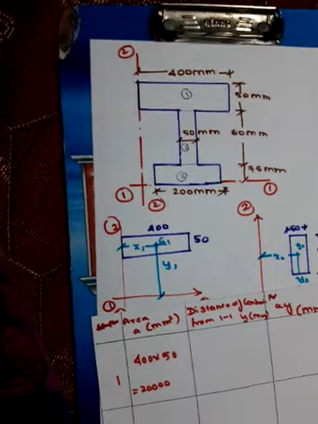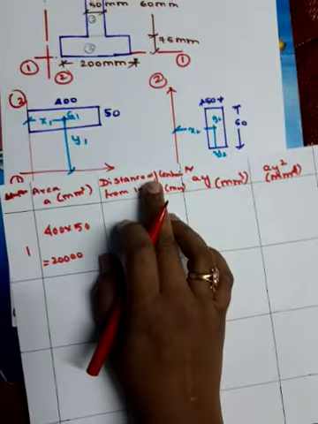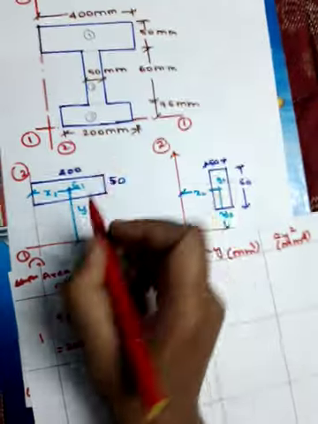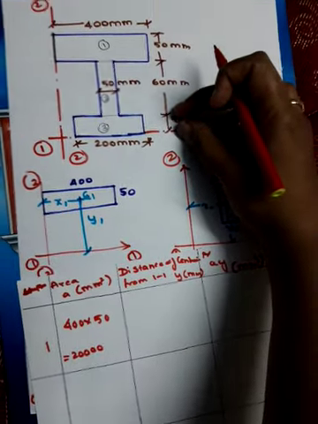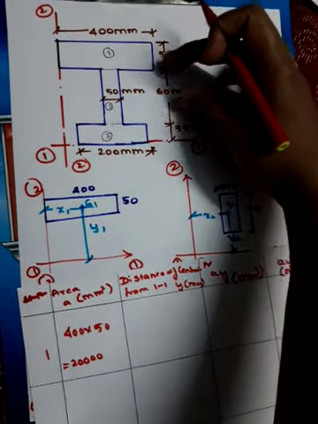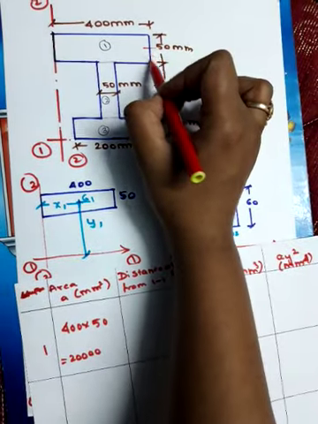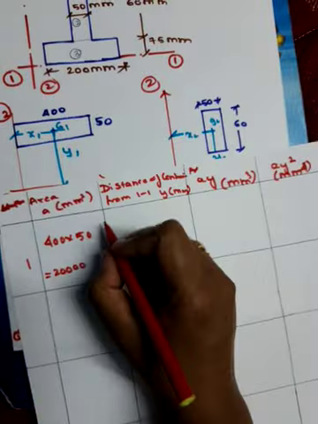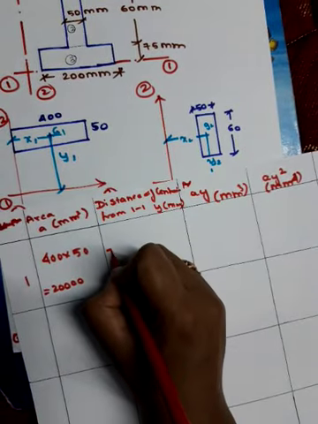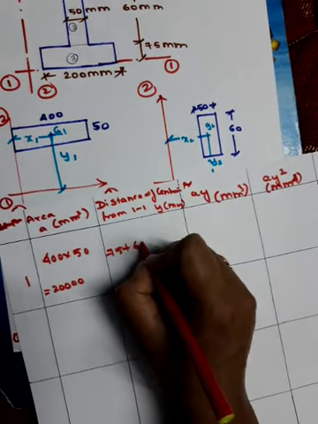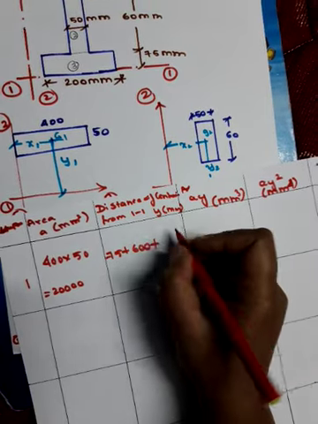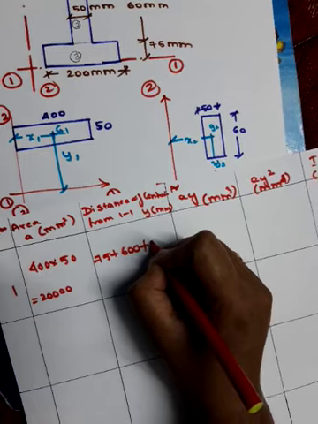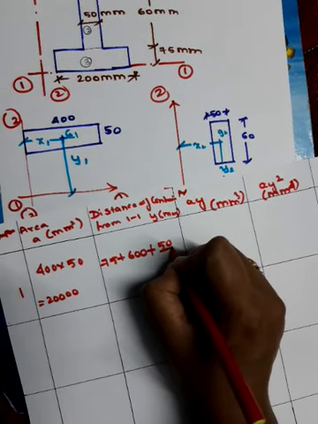Now what is the distance here? You can see the distance from here to here. If you see the figure, from the bottom it would be 75 plus 600 plus, from here to here, b by 2, that means 50 by 2.